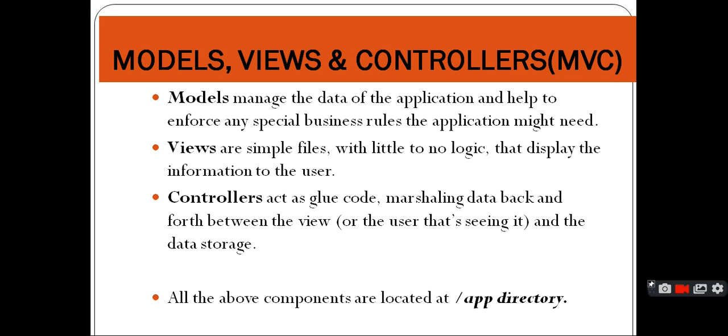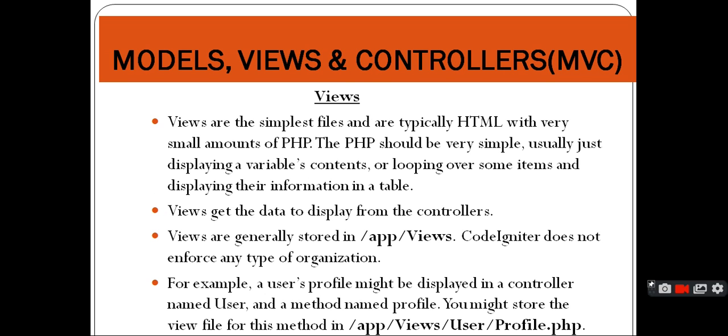In yesterday's session, we saw the application structure, and in that structure we looked at everything regarding the app directory. Let us see, these views will hold the complete HTML with a very small amount of PHP, and that PHP is also very simple, usually displaying variable contents or loops, or some information from a table.